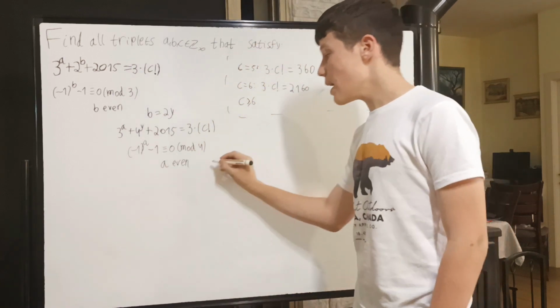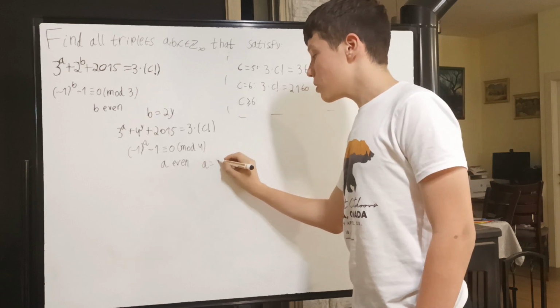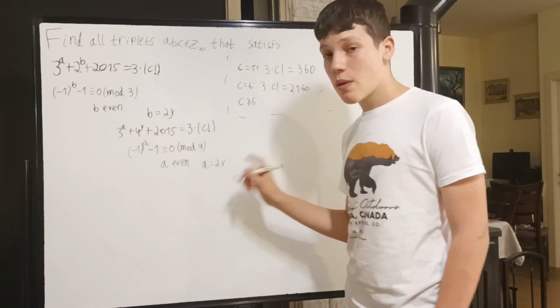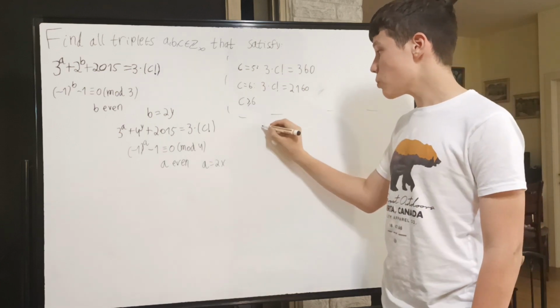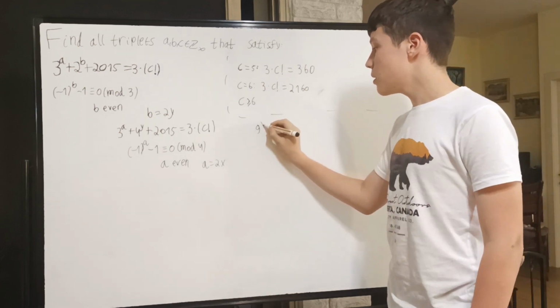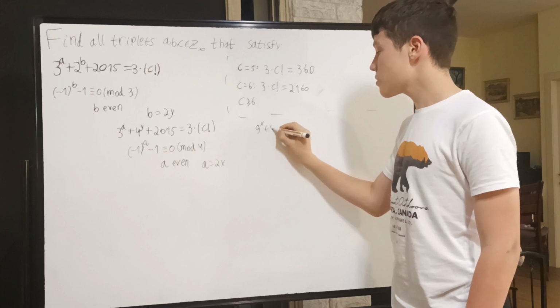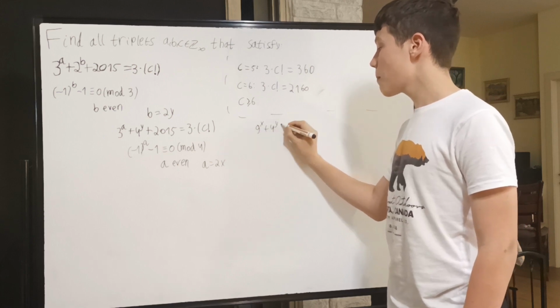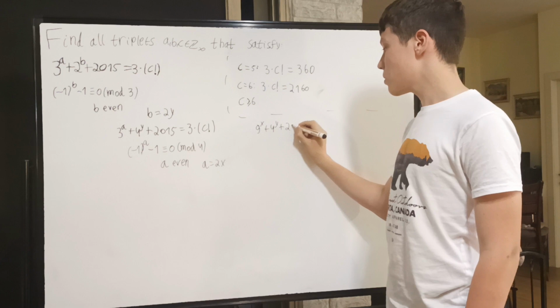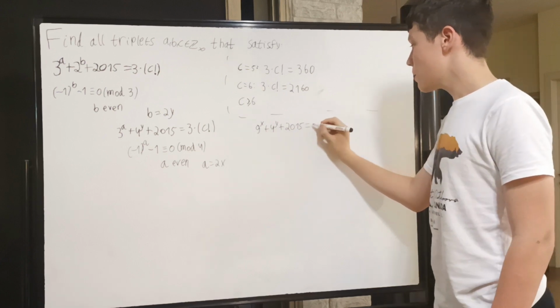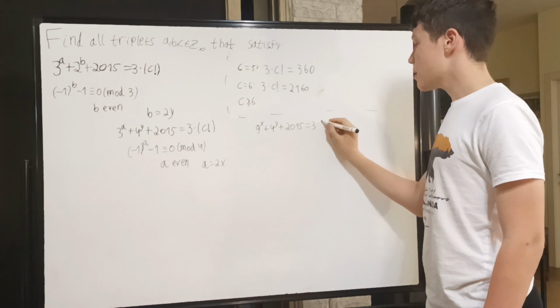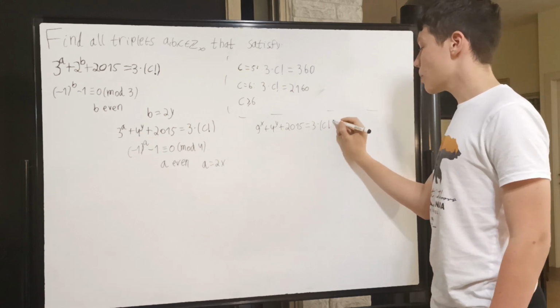And so I can set A to be equal to 2x, and now x is a positive integer. And now my new equation will be 9 to the x plus 4 to the y plus 2015 equals 3 times C factorial.